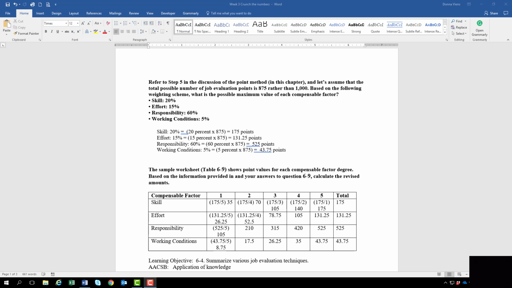So skills at 20%, multiplied by the 875, which is the maximum amount of job evaluation points available, comes to 175. So we know that the best person in the organization, skill-wise, in this job criteria can only get a maximum of 175 points. And we do that for each of them. For effort, it's 15%, responsibility is 60% of the 875, and working conditions is 5% of the 875.